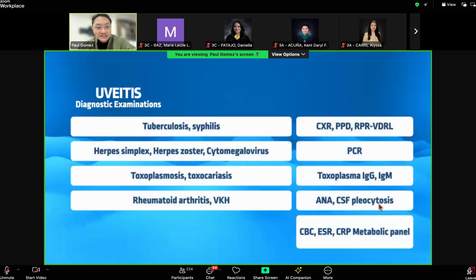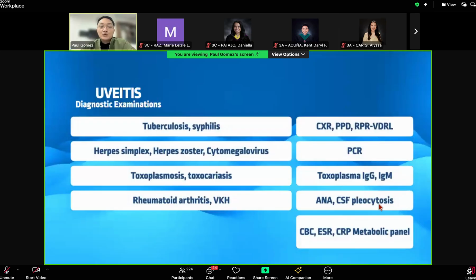If it's tuberculous in nature, or the patient may have syphilis, if that's your primary suspicion, maybe you can order chest x-ray, PPD, or PR. If you're looking at viral infection, maybe you can order PCR. If you are looking at concomitant parasitic infection, so with toxoplasmosis or toxocariasis, maybe you can order IgG and IgM for these patients.